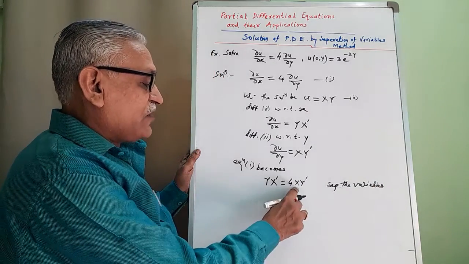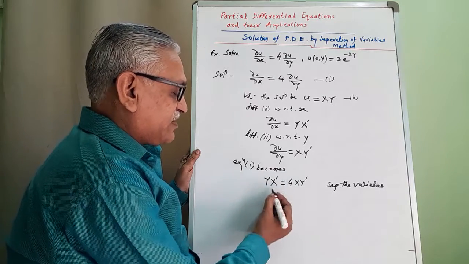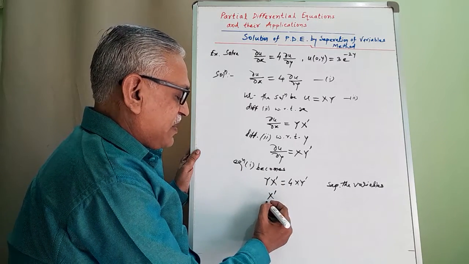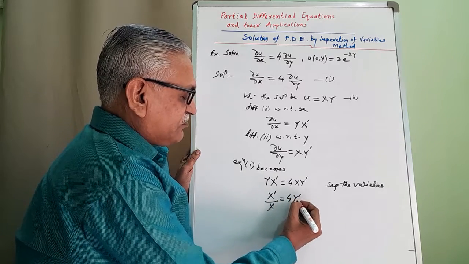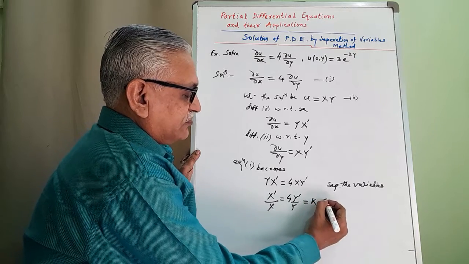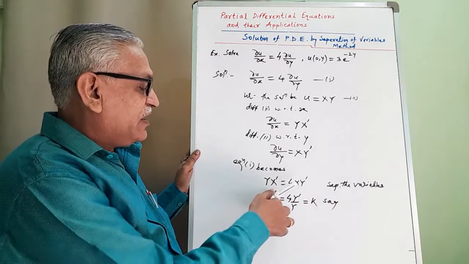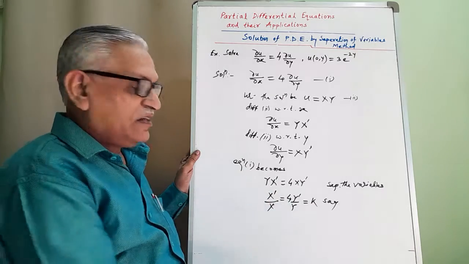Therefore, separating the variables, I transfer X to the left-hand side and Y to the right-hand side, and we get X'/X = 4Y'/Y.